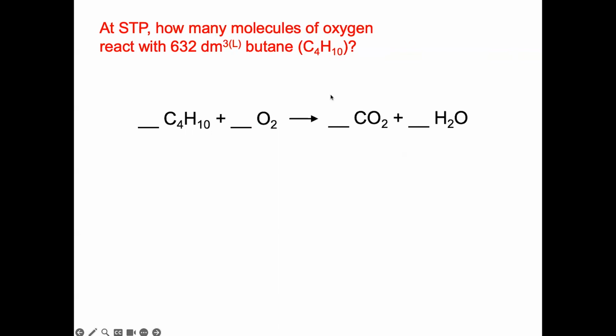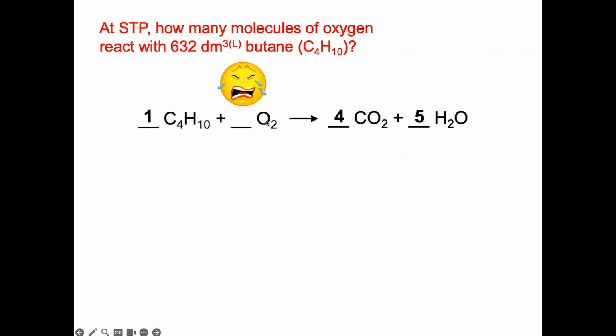So let's put 4 here and the 1 here. Now carbon's balanced. Let's move on to hydrogen here, okay? Then for hydrogen, there's 10 here, put 10 here. However, what's the issue here? There is 13 oxygen on the right side, so you have to make this 13.